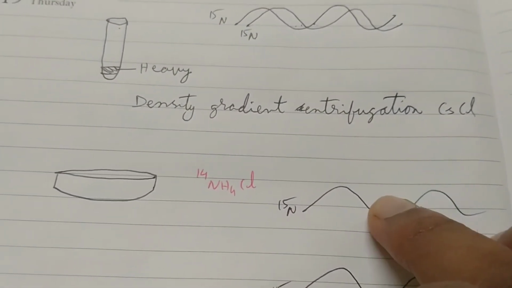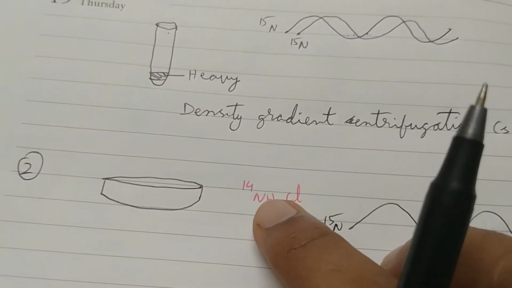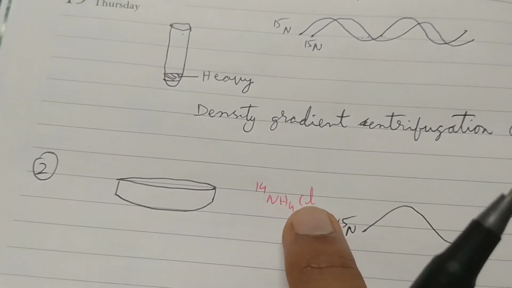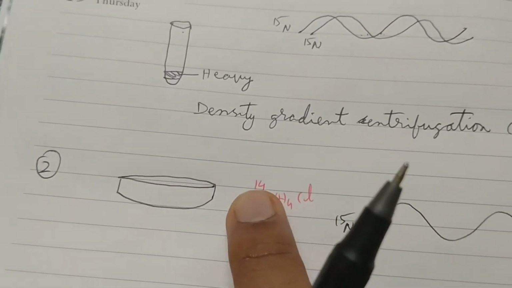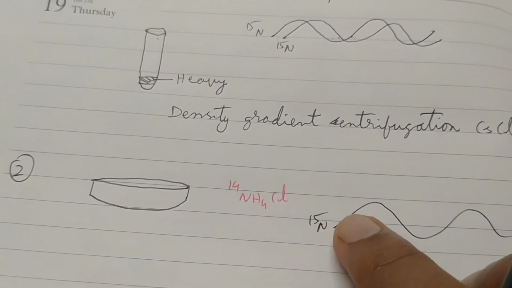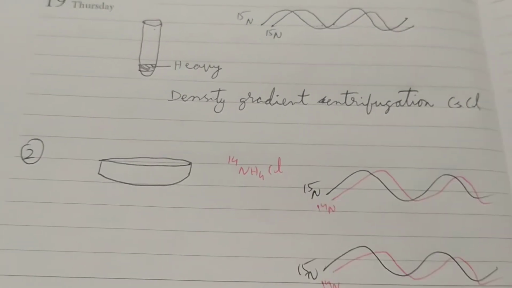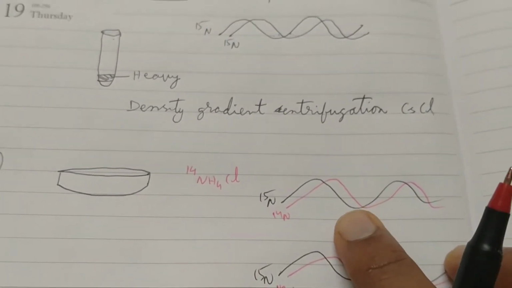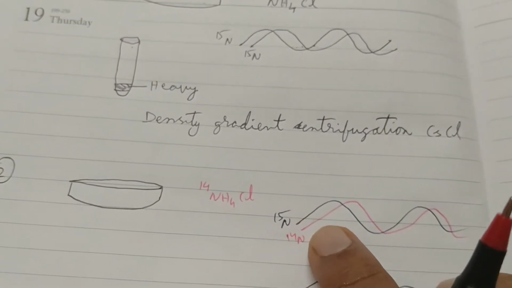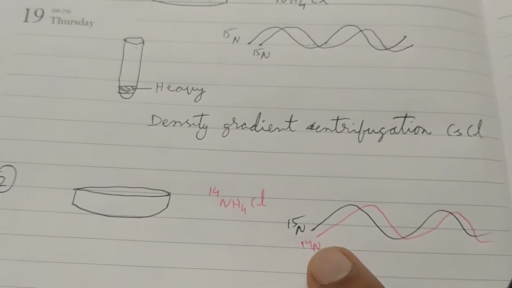But for making the nitrogen bases for this new strand, the nitrogen available in the medium is of normal isotope, because ammonium chloride is the source of that, and it has the normal isotope of nitrogen, N14. So when a new strand is made, that N14 will be incorporated in that new strand. You can see one is the parent strand, that is the black one, N15, and the newly formed one is the strand with the nitrogen N14.